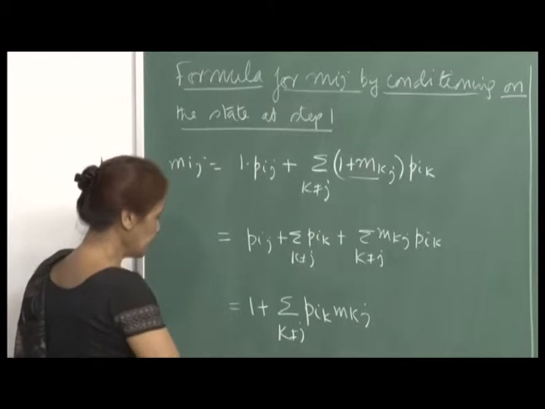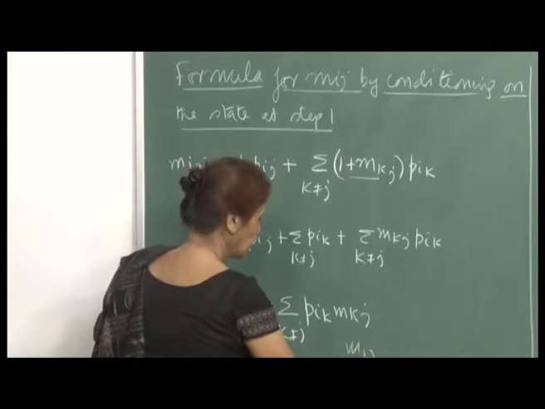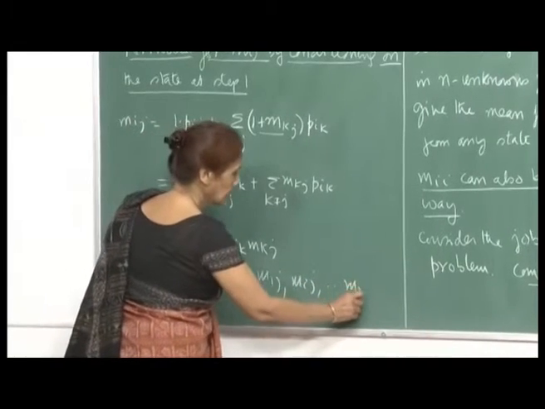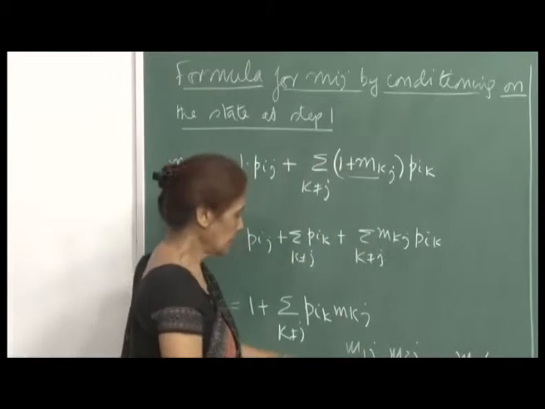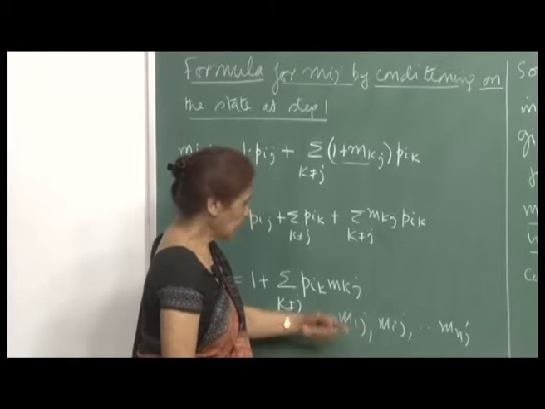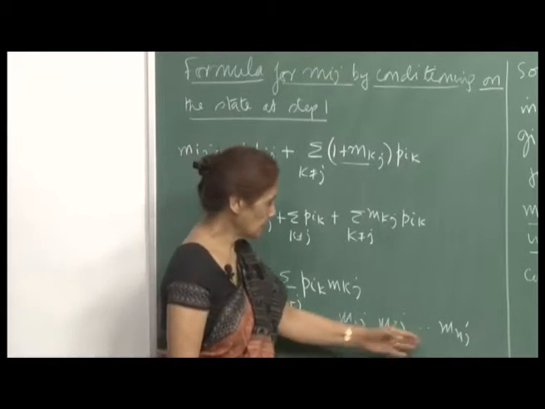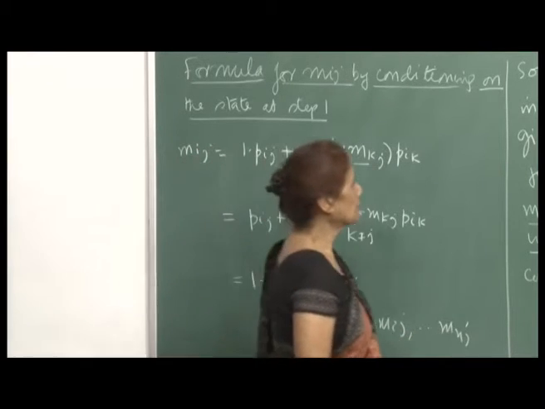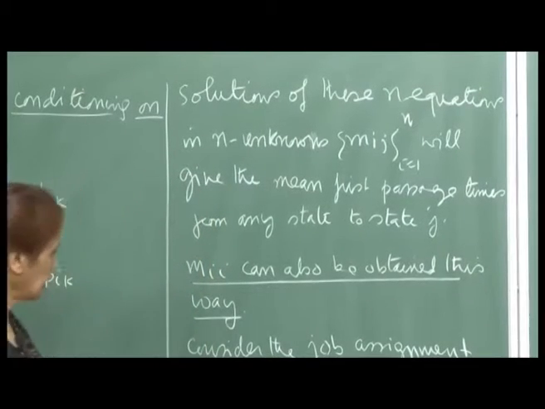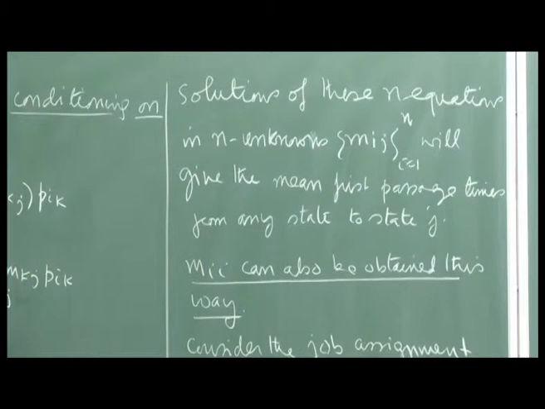You are asking for the first passage to j from any one of the states 1 to n. So, these are n variables, because i is varying from 1 to n, and we have n equations in n unknowns.